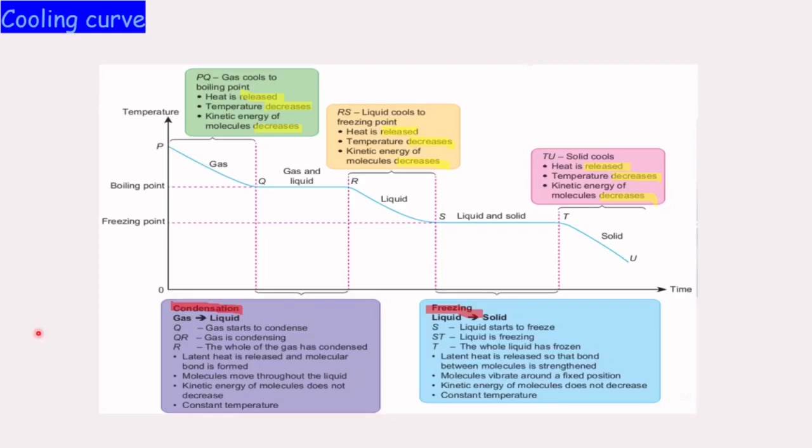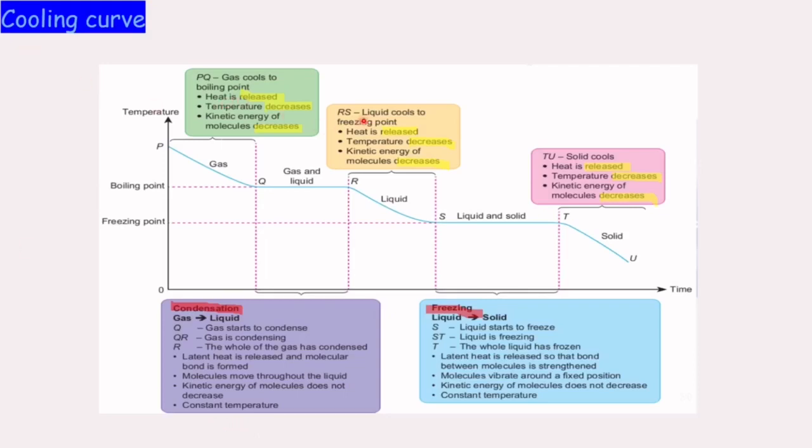So we need to form a bond. When the bond is formed, molecules move throughout the liquid. The same thing, kinetic energy of molecules does not decrease because it is a horizontal line. The condensation is undergoing. There is no change of temperature.